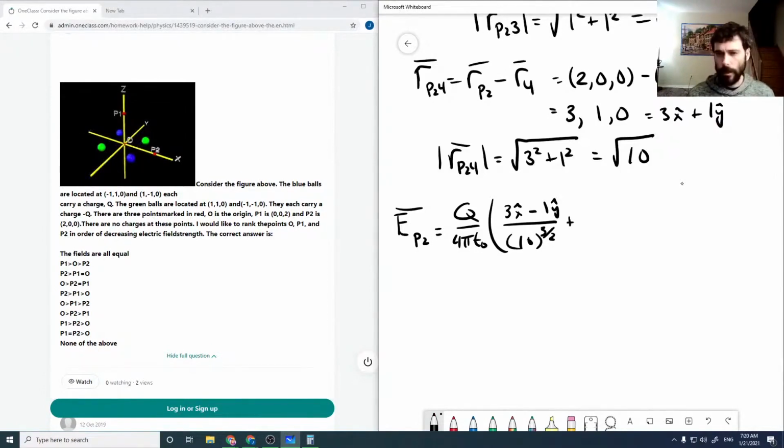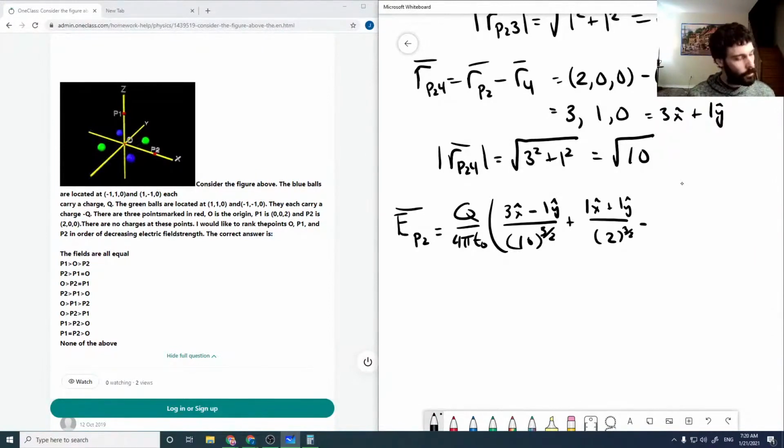Plus our 2 vector, so that would be 1 x hat plus 1 y hat over 2 to the 3 halves, plus our 3 vector, which was, minus our 3 vector.